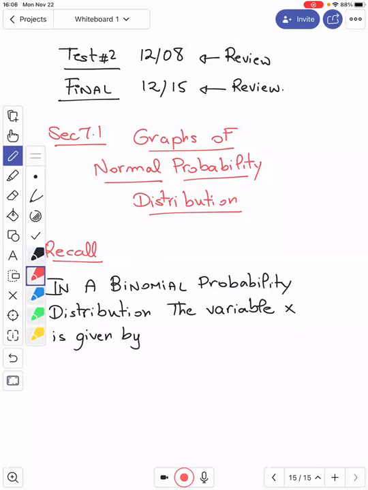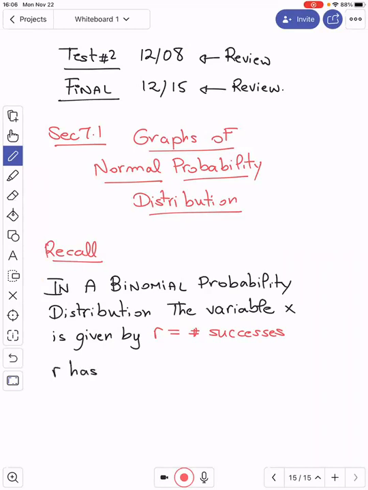And the number of successes is finite because we have a finite number of trials. So this variable R has a finite number of values.